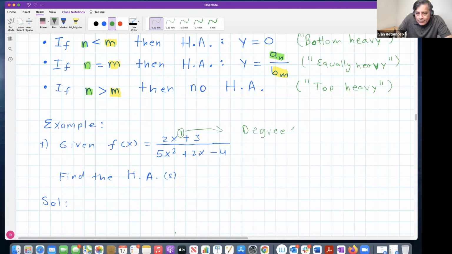The degree of the one on the bottom is this 2, degree 2. So anyone could tell me, is this a top heavy, bottom heavy, or equally heavy rational function? Anybody could write in the chat. What kind of rational function am I looking at?